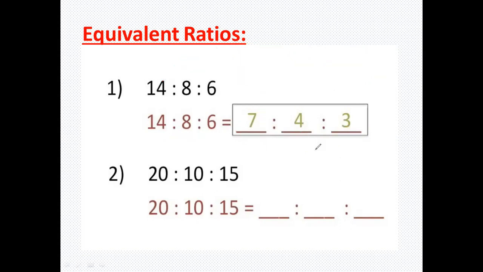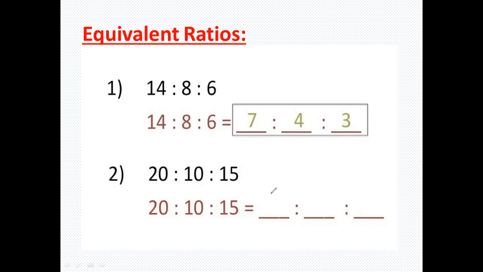Okay, what is the equivalent ratio in here, in the lowest term? 20:10:15. What number can you divide all three numbers by?